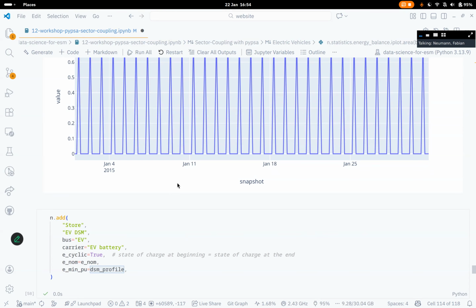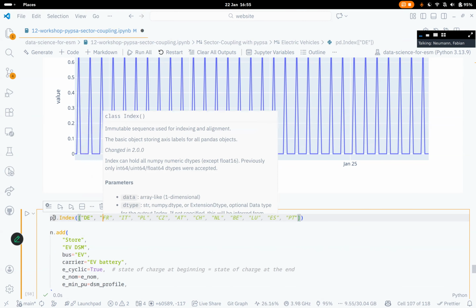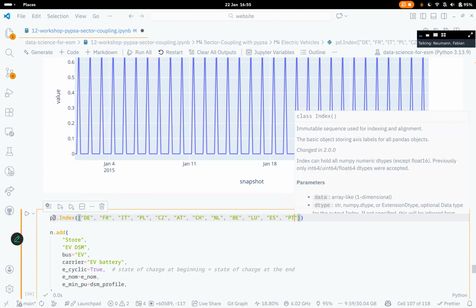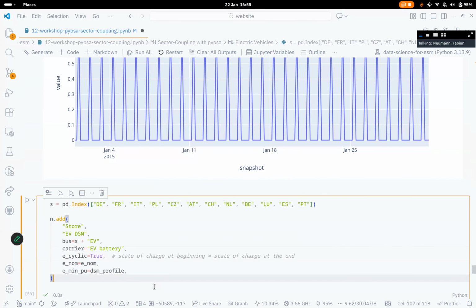But the code looks still very similar, only that we would maybe have something like a pandas index of our buses, let's say we have country resolution or something like that. Let's call that S, and then we set it up so the buses would be called region plus some suffix, maybe electricity.